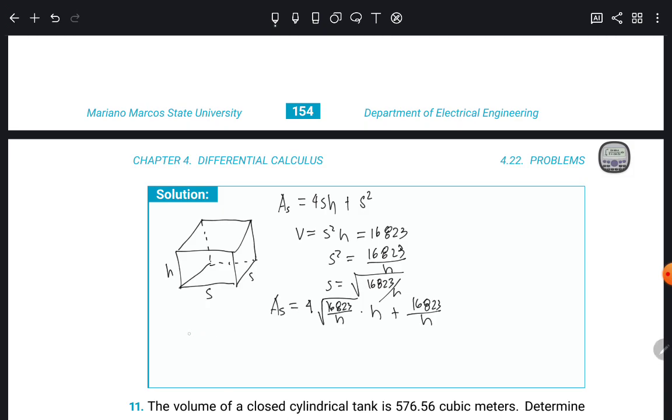But before we take the derivative, we can first simplify this. We can put H inside the square root, so that will become H squared. H squared divided by H will be just H. So this will be square root of 16,823 times H plus 16,823 all over H. Then we can now take the derivative of this with respect to the variable H. So what's the derivative?